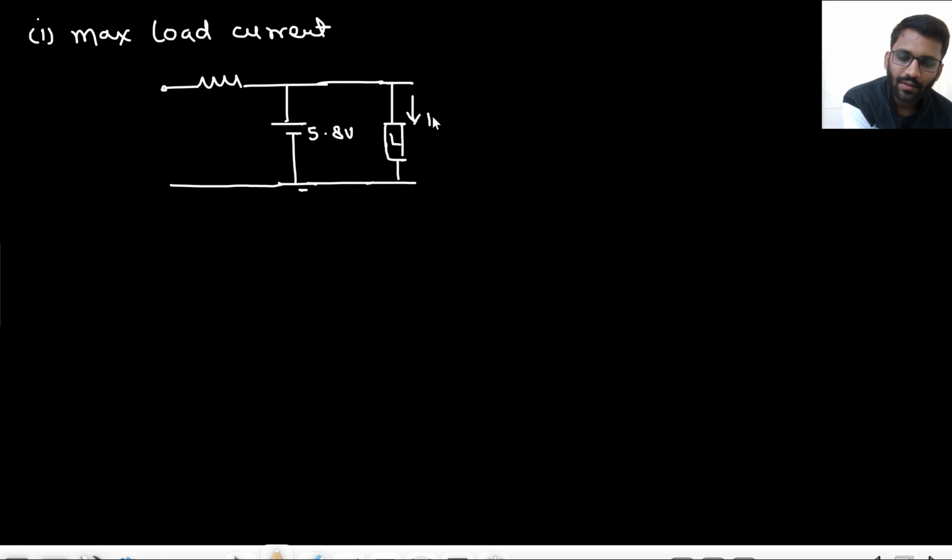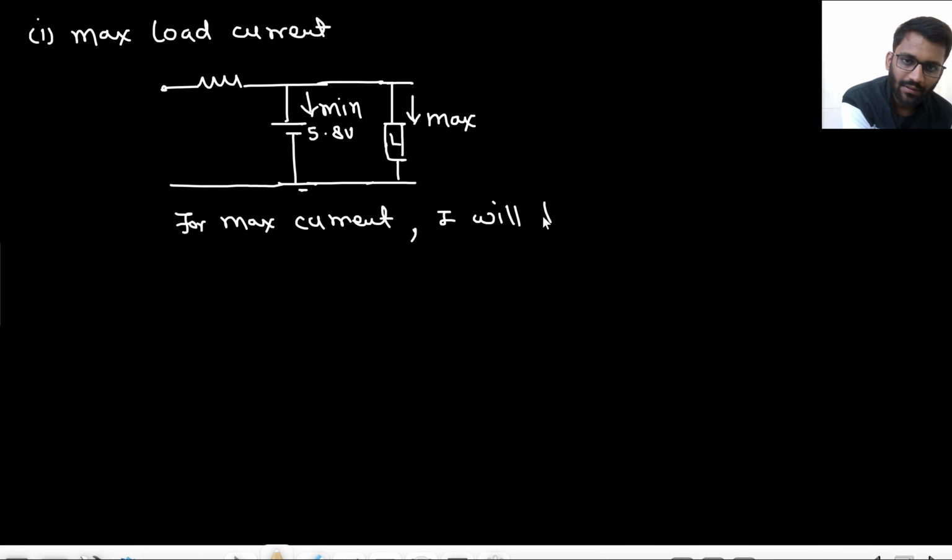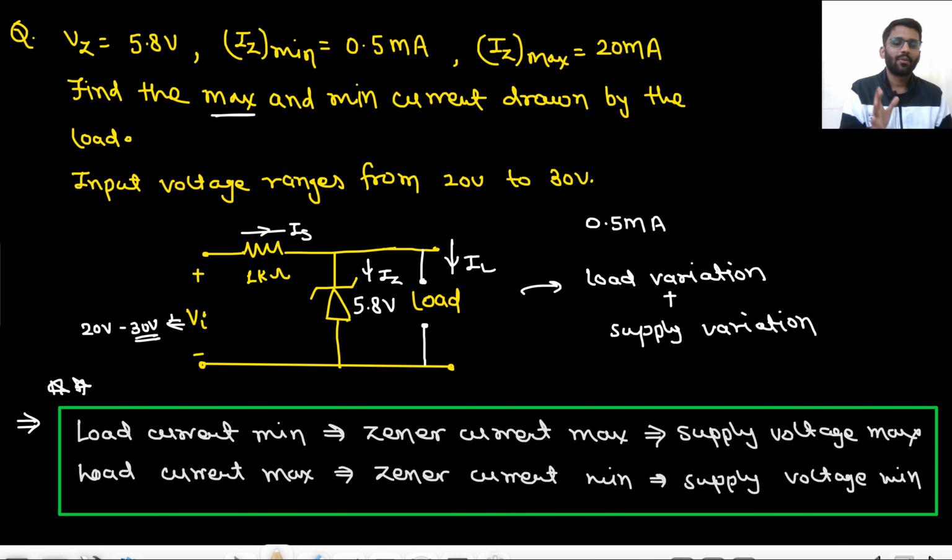Here you need maximum current, so here you will have minimum current. For max current, I will take supply to be max. That means I will take supply to be 30 volt, and here I am going wrong.